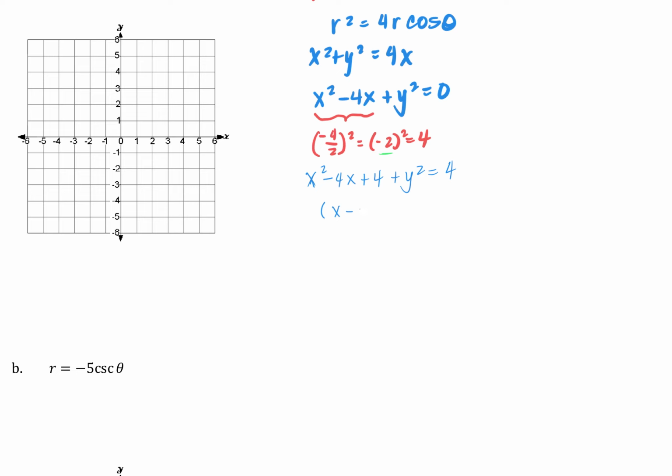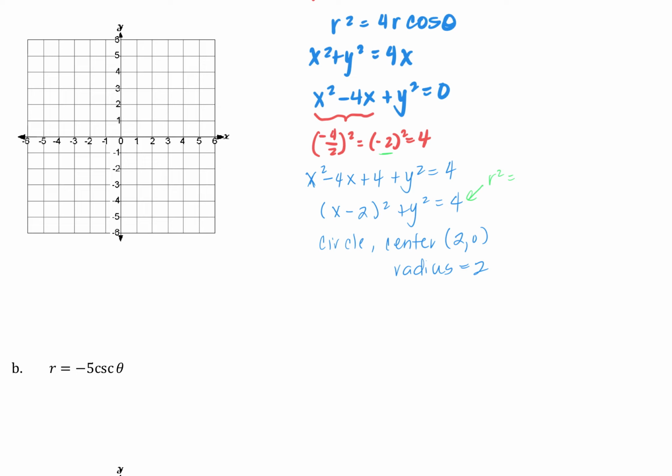So it's x minus 2 squared plus y squared equal to 4, which is a circle. It's a circle with a center at 2, 0, and a radius equal to 2. Because remember this 4, this is r squared.